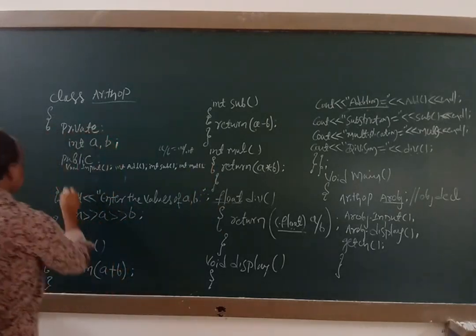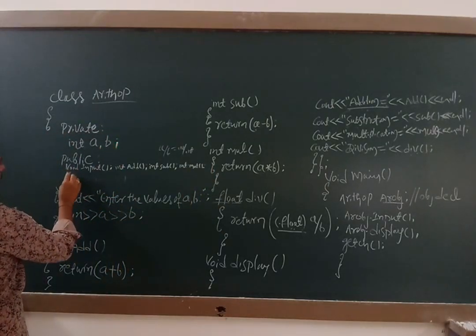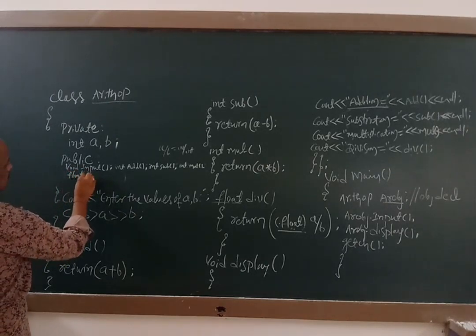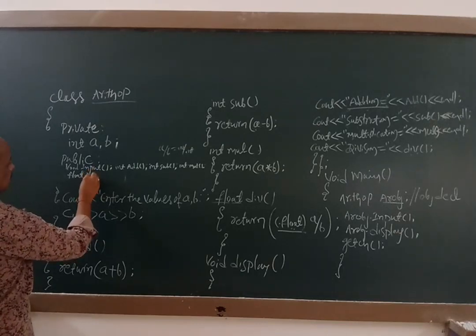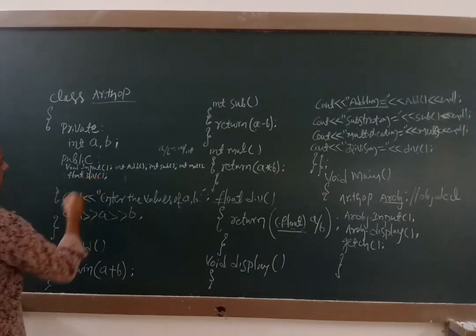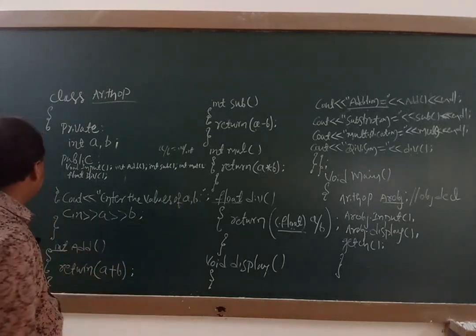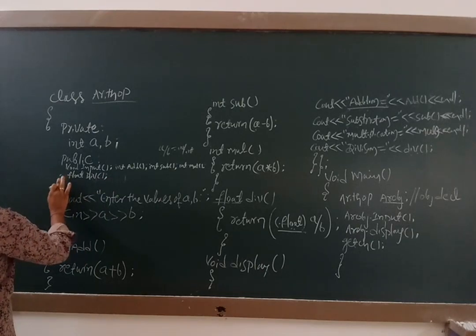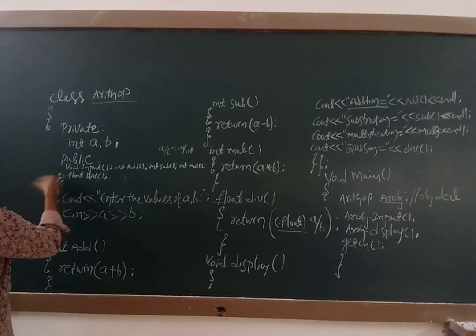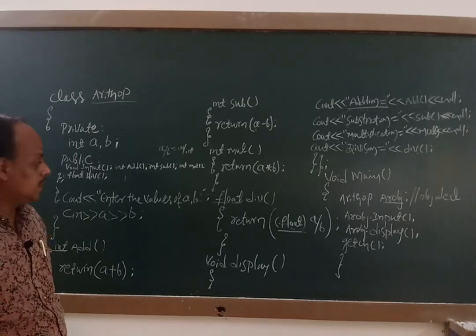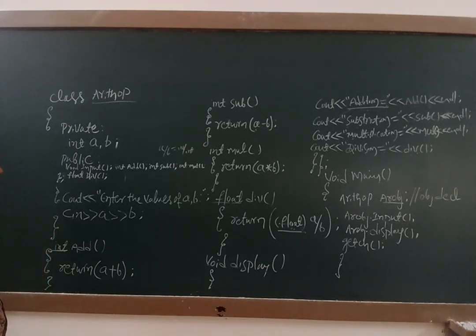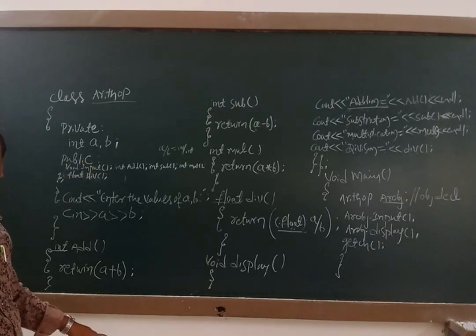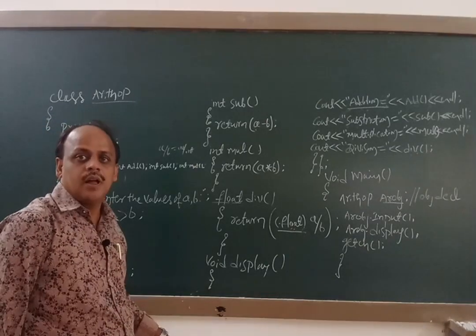Next float div function, right, div function, and close the class with semicolon, right. Next write the code for each member function outside the class using scope resolution operator.